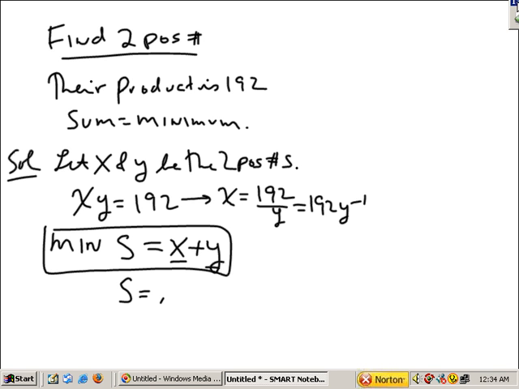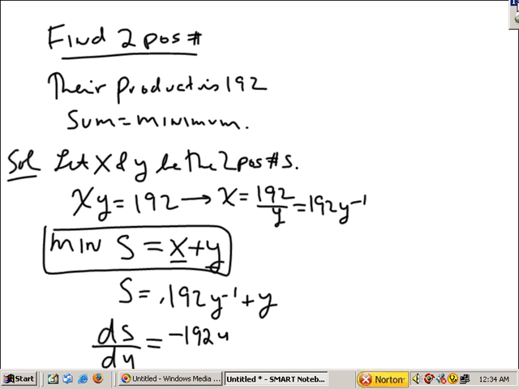S is equal to x plus y. Now I take the derivative, dS/dy. Use that notation. It is equal to negative 192y to the negative 2 plus 1. And we want to set the derivative equal to 0.